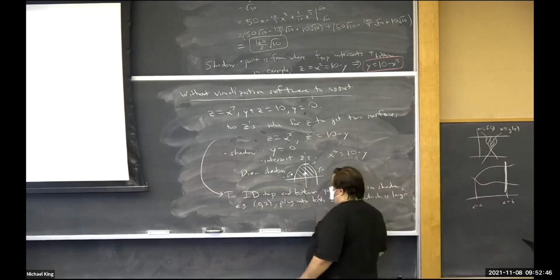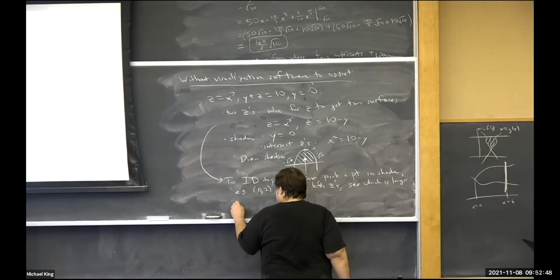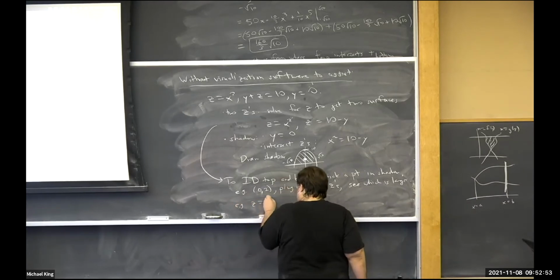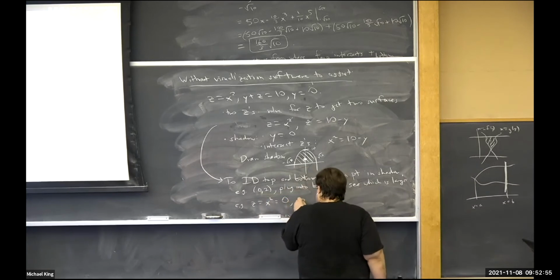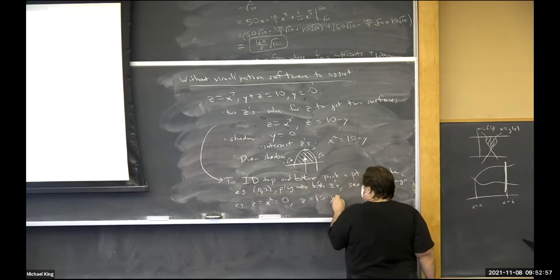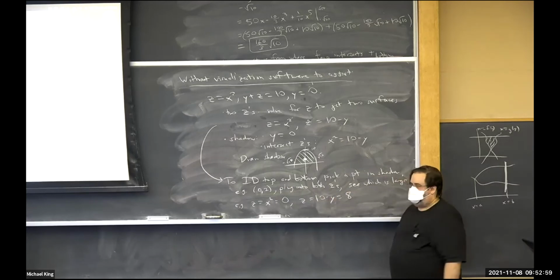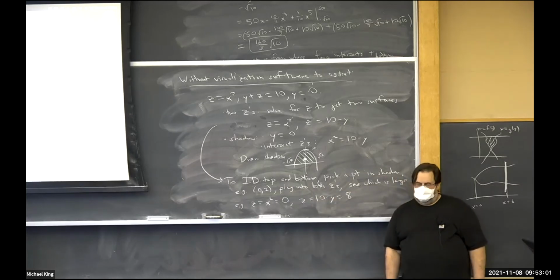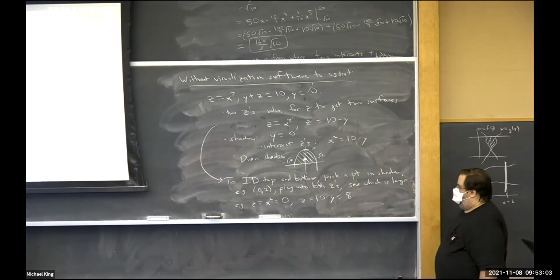So here, Z equals X squared equals 0 in this case, and Z equals 10 minus Y equals 8 in that case. 8 is bigger than 0 last time I checked.